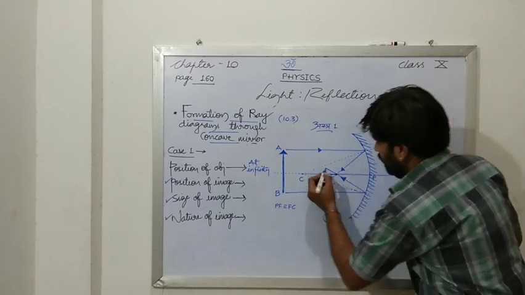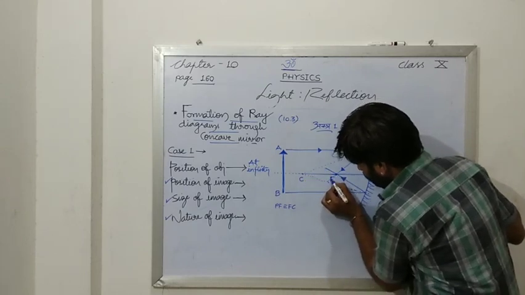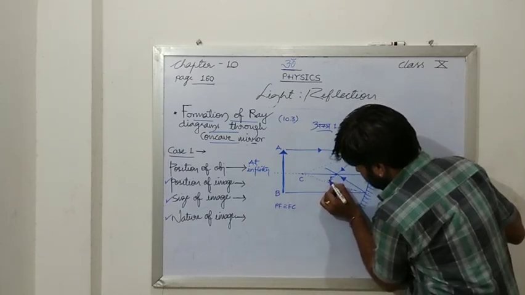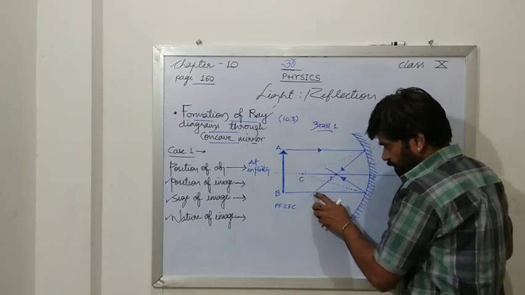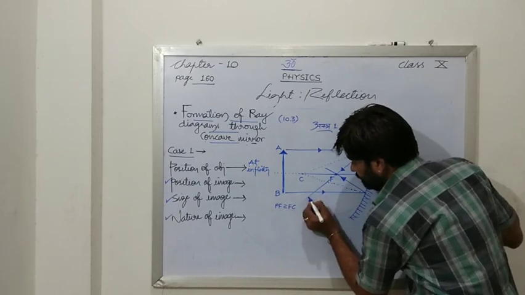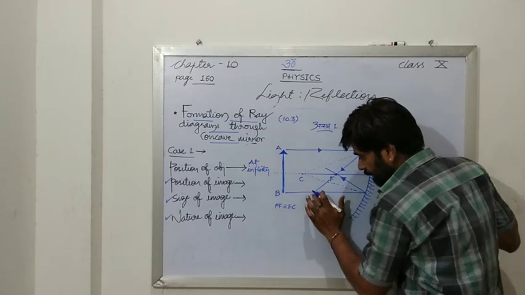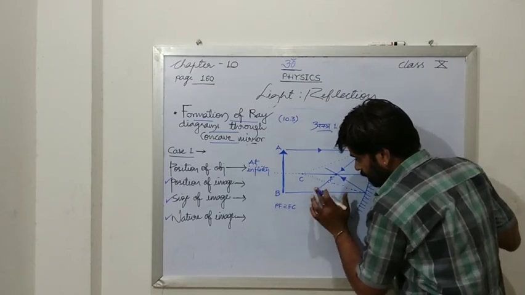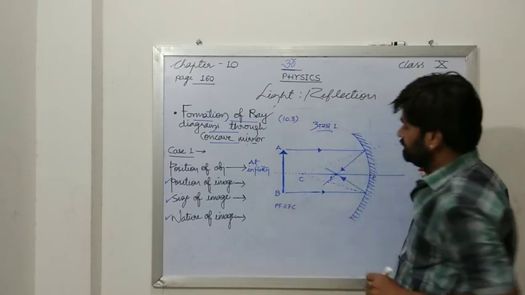Because if you draw the diagram, definitely you will extend this line through this. Now a question may arise: sir, what about this point? No, because this is the incident ray and this is the reflected ray, so you are not going to get any type of image here. So don't extend it and don't cross it with the incident ray.